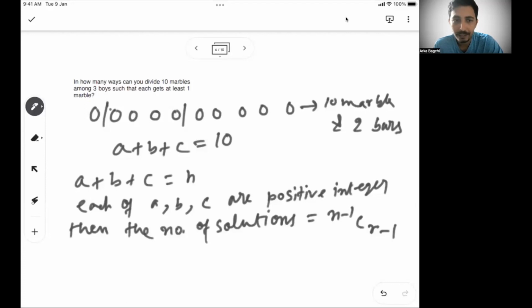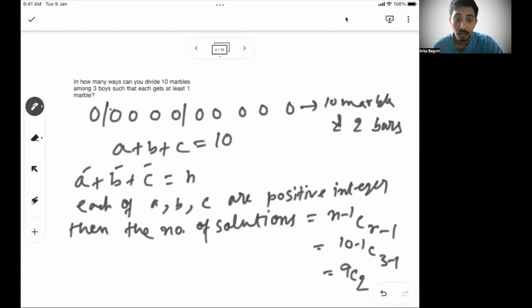If each of these has to be at least 1, then we are talking about positive solutions of A plus B plus C. Now, if each of A, B, C are positive integers, then the number of solutions possible is n minus 1 C r minus 1, where r is the number of elements here. So there are 3 elements here. So in this case, it will be 10 minus 1 C 3 minus 1, or 9C2.